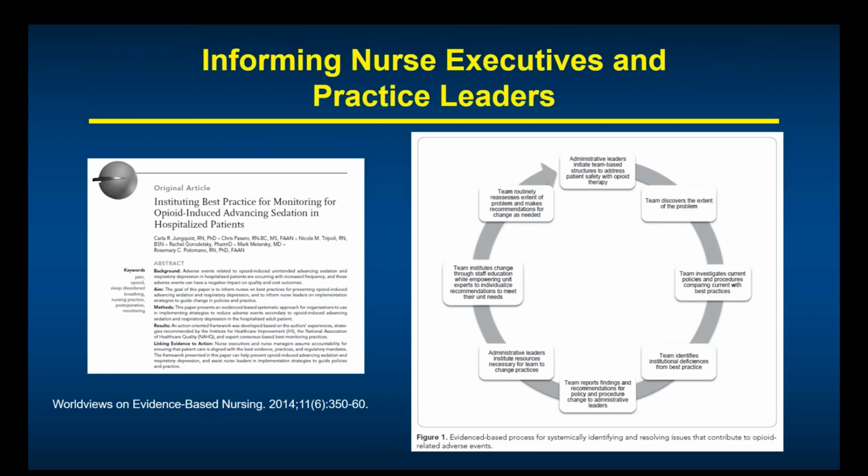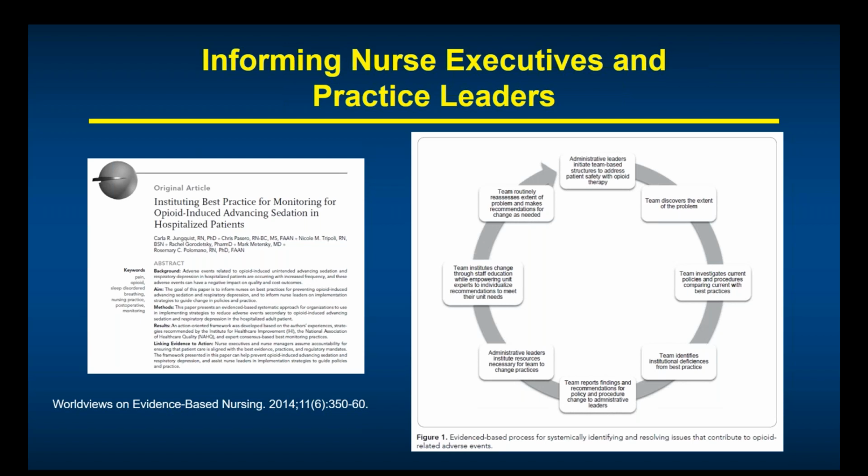For the purposes of educating nurse educators and practice leaders, we developed a strategy and an article that's published that really reviews all of the hospital-based safeguards that need to be put in place to keep patients who are receiving opioids in the hospital safe. One of them is monitoring, and the other is having a tracking system for the use of naloxone, Narcan, as many of you know, to reverse analgesia.